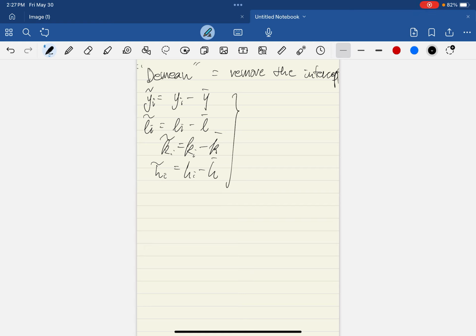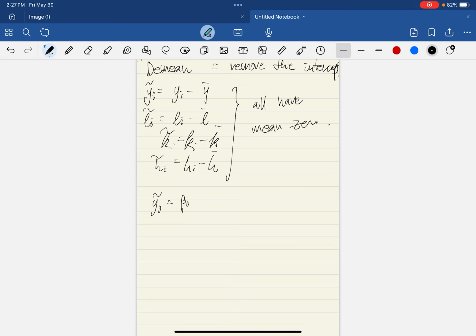All of these transformed variables then have mean 0. So then, as you did in homework 1, we do not need the intercept. We only use 2 parameters.